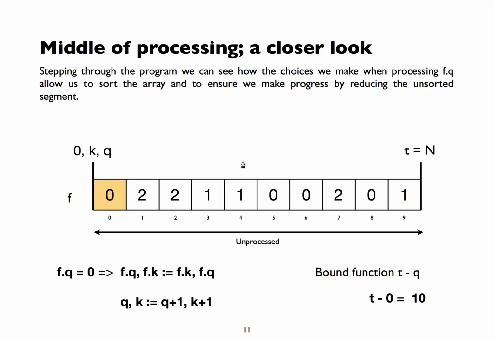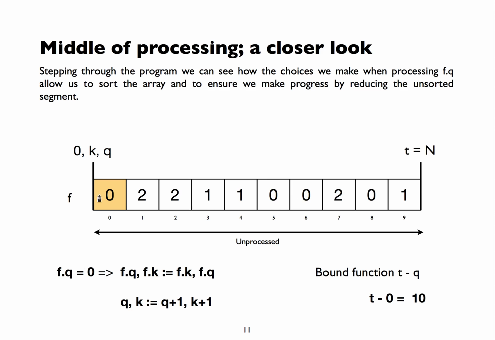So we'll step through an example array and see how these steps actually work. Here we have an array that contains zeros, ones and twos. We've mapped out each of the things that we need to look at.